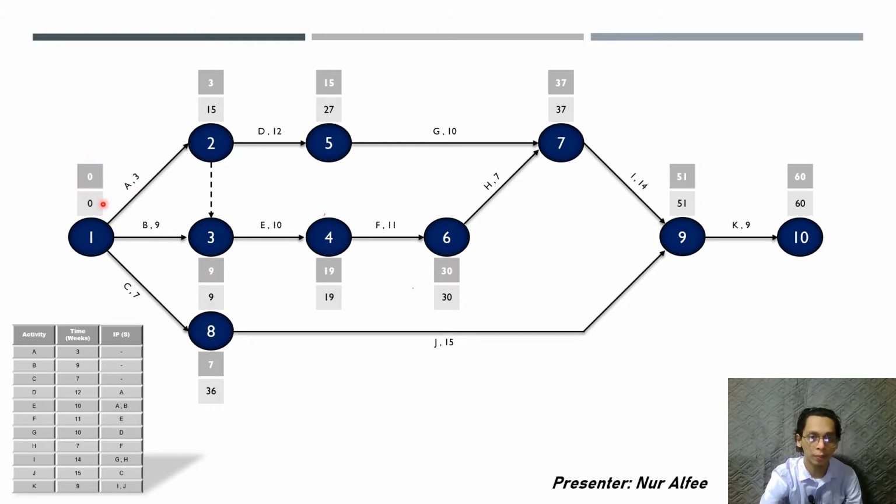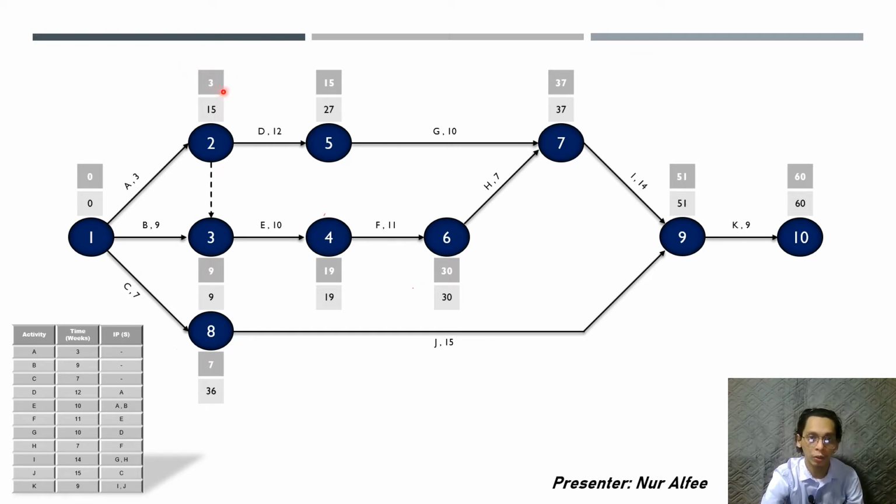As you can see from event 1, we have 0 weeks. Moving on to the second event, the EET is 3, because 0 plus activity A for 3 weeks equals 3. That's how we calculate all the EET.